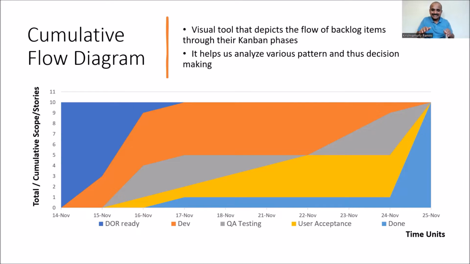On the x-axis, it will have time units. The time units can be days if you are considering a sprint. And if you are considering a roadmap, a release, then on the x-axis, it can have sprints. On the y-axis, it will have total stories or cumulative stories, right? It always has cumulative stories.